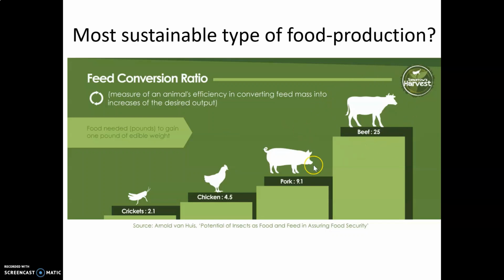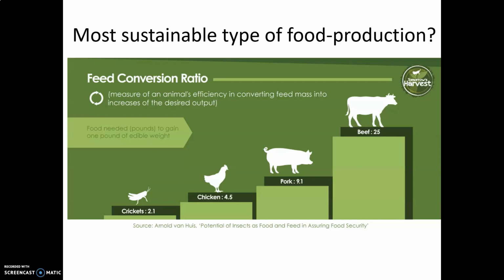And quite a lot of research is going into how we can maybe change the feed that we give to the animals to make it easier for them to digest and absorb the different nutrients, so that we don't have to feed them that much.